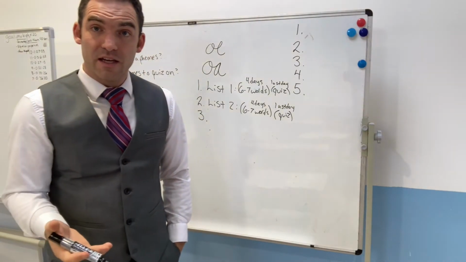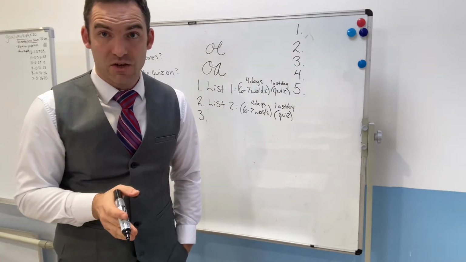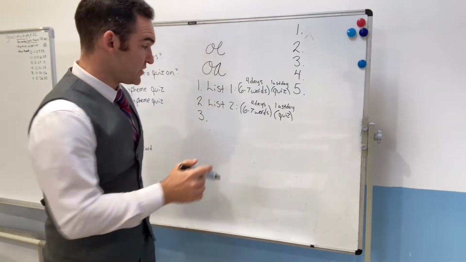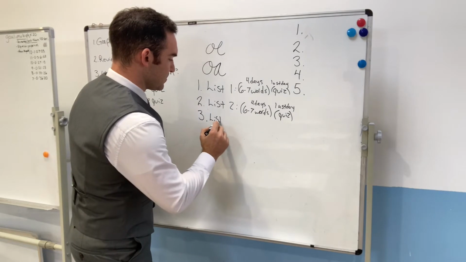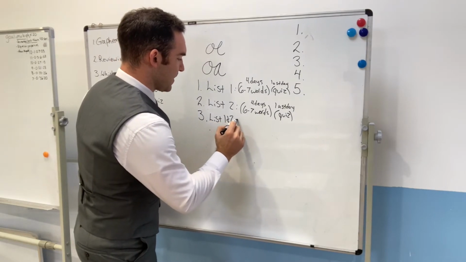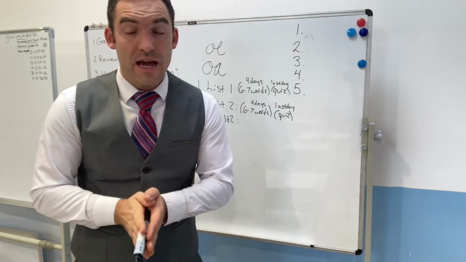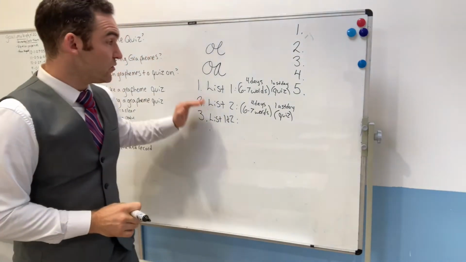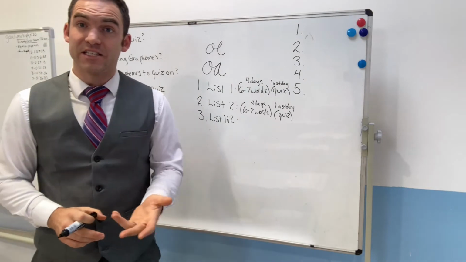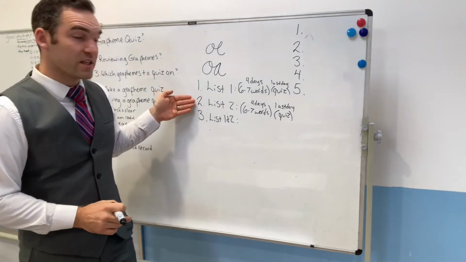Then the third week. In the third week, you are going to do a test over list 1 and list 2. Okay? Why that's important is when we're talking about our graphemes and our grapheme quizzes, here you will have a set of graphemes that you will be teaching to the students. Same is true for list number 2.